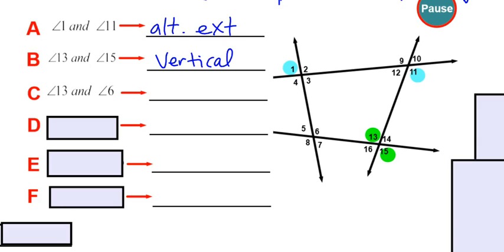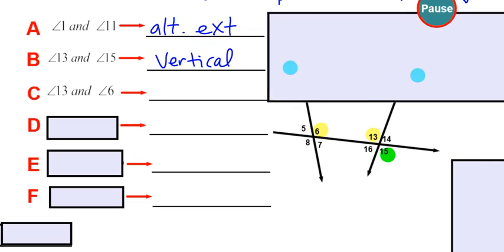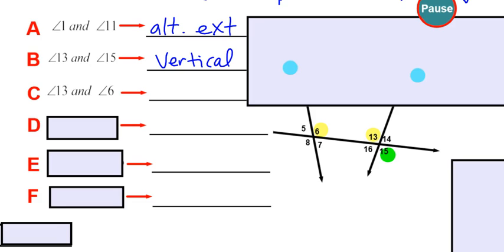All right, let's go into this guy a little bit farther. So question C, it asks about angle 13 and angle 6. So angle 13 would be that guy right there, and angle 6 would be that guy right there. So again, cover up the part of the picture that you don't need to look at. And then if I look at that, I have to decide, are those angles interior?